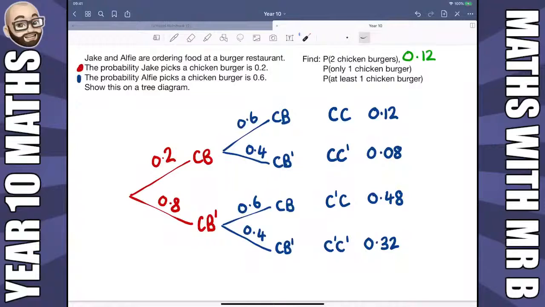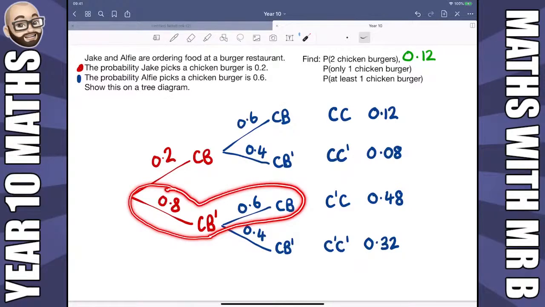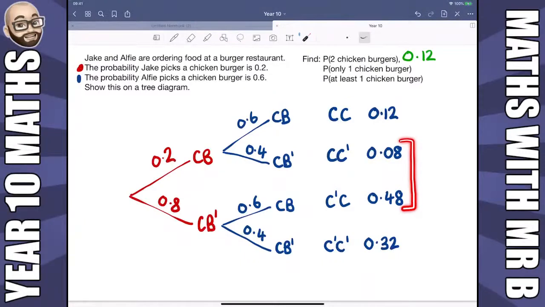Or there's a second option, which is Jake doesn't buy it, but Alfie does, which is this 0.48 number. So the key thing I said halfway through there was the word or, which means I want these 2 probabilities added together.